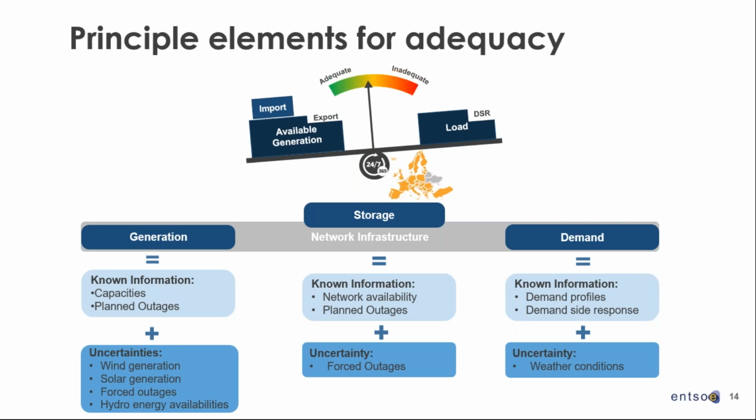So what we do is that we have databases for each subset of the energy mix. For the generation, we have the different capacities, installed capacity or available capacity, the different maintenance.